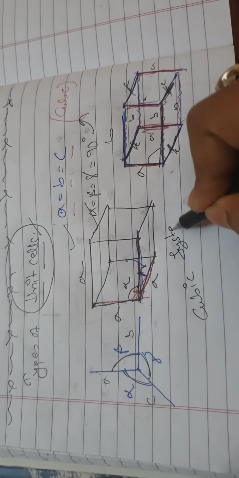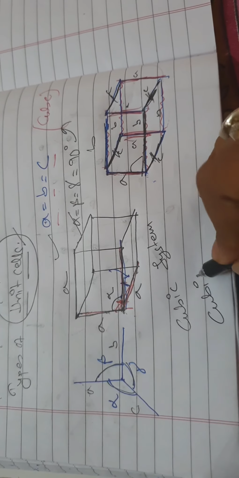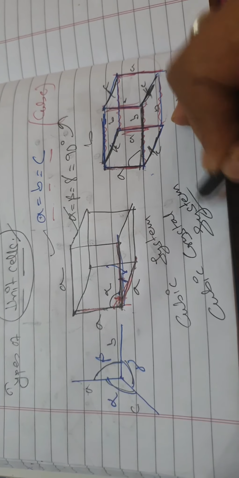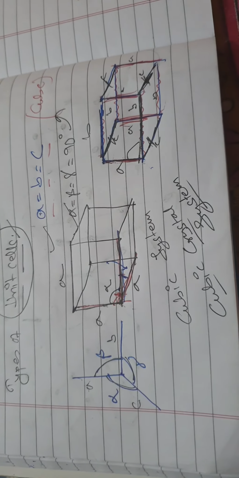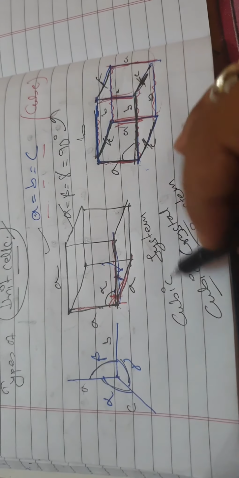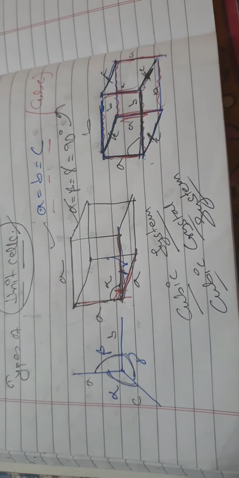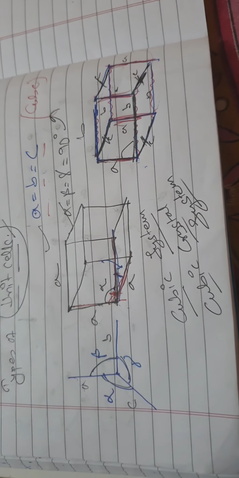Cubic system, or cubic crystal system. You can also say cubic crystal system. No problem at all. You can call it a cubic crystal system also, or a cubic system also. So that is the particular thing.